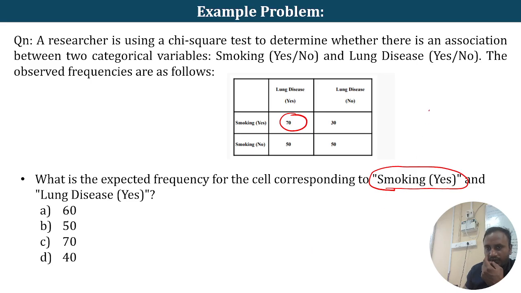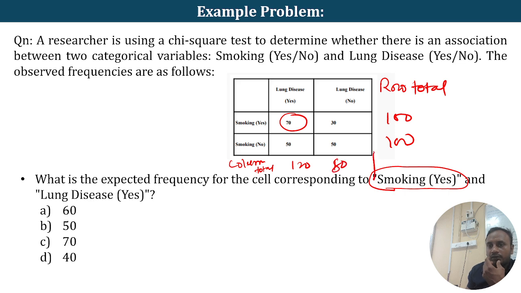Can anyone tell how we calculate it? First the row totals: 70, 30, 100 and 50, 50, 100. Now the column totals: 70, 50, 120 and 50, 30, 80. The grand total becomes 200.